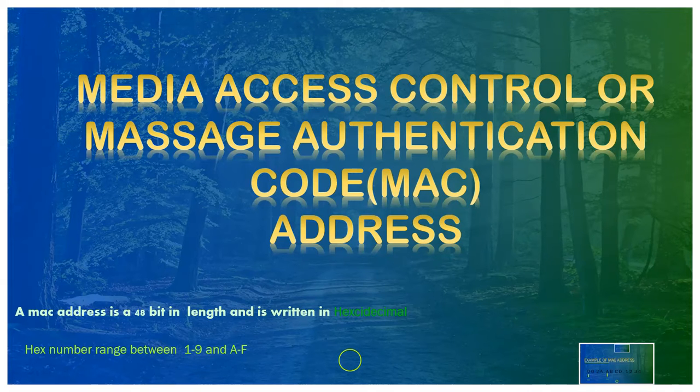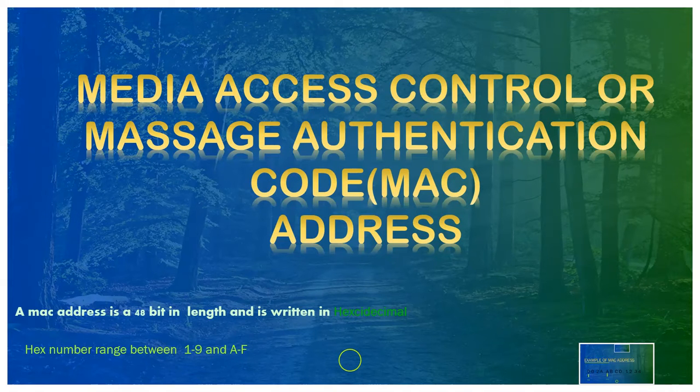Now, I will assume that people listening to me in these lectures don't know what hex numbers are. So what are hex numbers? Hex numbers range from 0 through 9 and A through F. So if I want to say 10 in hexadecimal, I will just say A. If I want to say 11 in hexadecimal, I will just say B. I hope I got my hex numbers across to you guys.